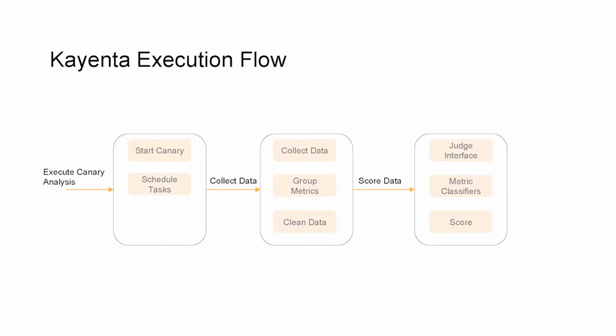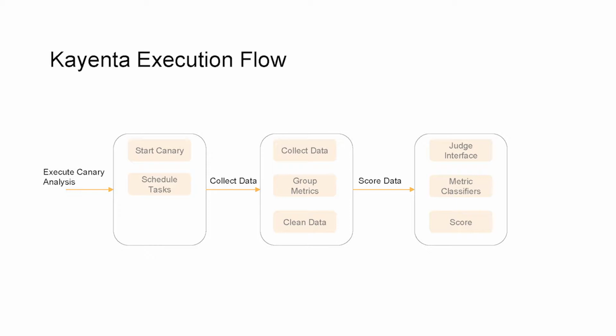Once the canary starts, the Kayenta system breaks it down into multiple tasks. It's a data fetching part. It does a lot of retries. There are some additional reliability features built in for the collection of the data. And then the metrics can be grouped for scoring. There are weights that you can give to the groups.